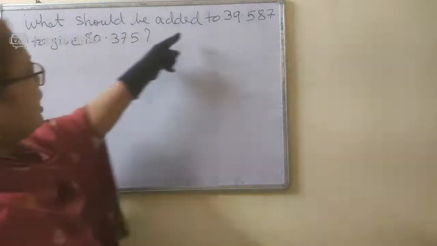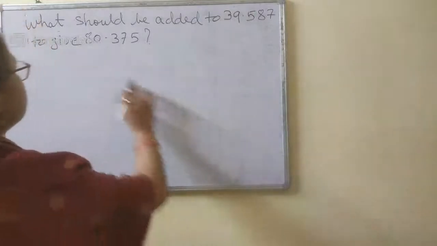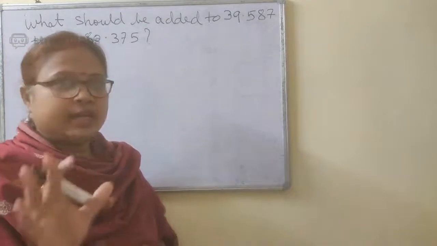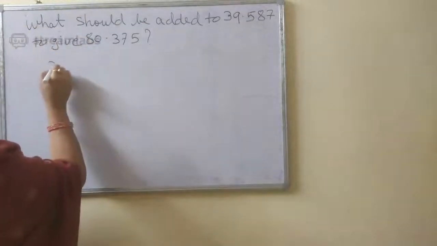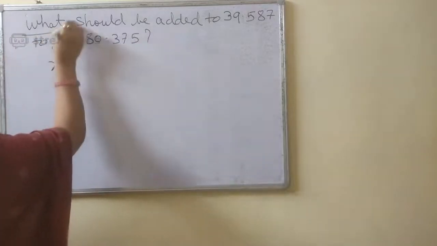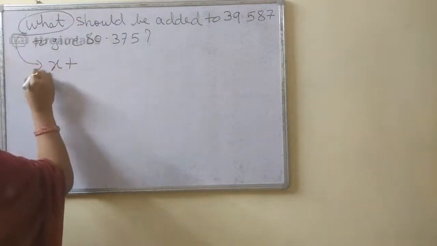So what should be added to 39.587? Let x be added. So x plus, clear? In place of what I have written, x. Clear?